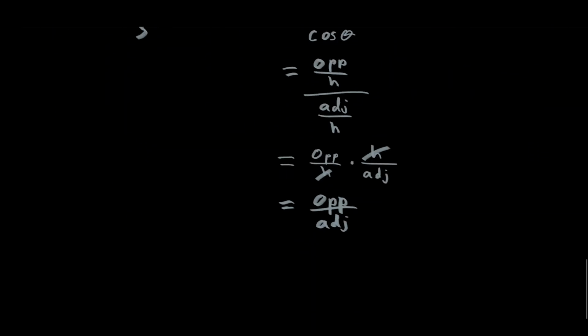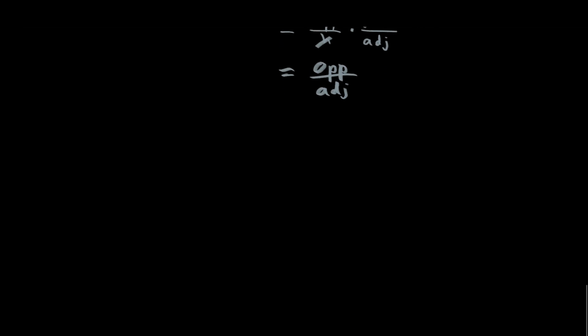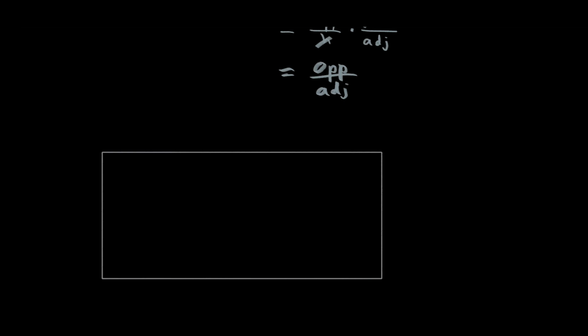Okay, one other way of understanding this is that you can just think of right angle triangles as just halves of rectangles, so rectangles that have been cut in half, right? And notice that this is 90 degrees, and this angle here is 90 degrees.